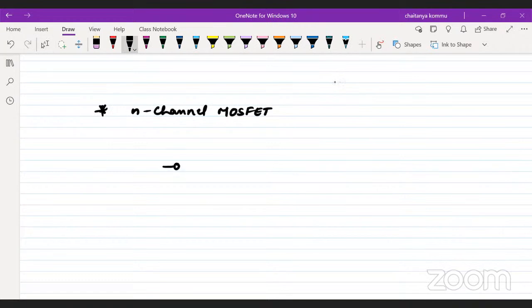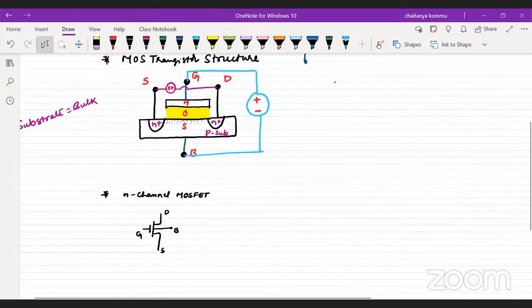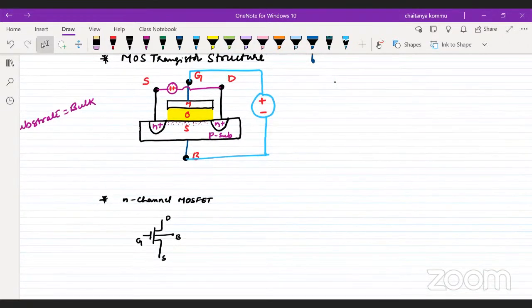It is something like this we have shown yesterday. This is called bulk, this is called gate, this is called drain, this is called source, this is called body. When we are designing circuits, it is not advisable to draw the structure all the time. So instead, we would like to use symbolic representations.